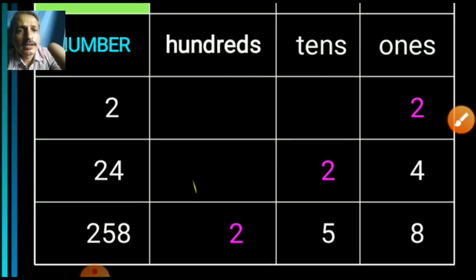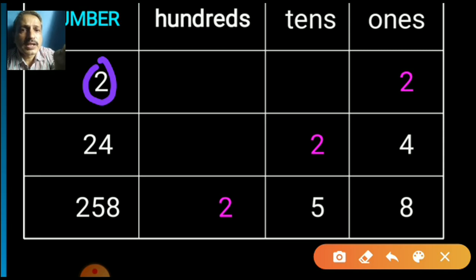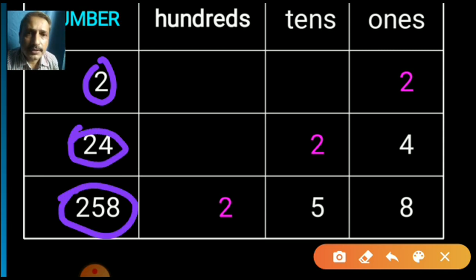I will make it a little bigger. First number is 2, second one is 24 and third number is 258. Now my question is, in all 3 numbers 2 is present, but the value of 2 is different.